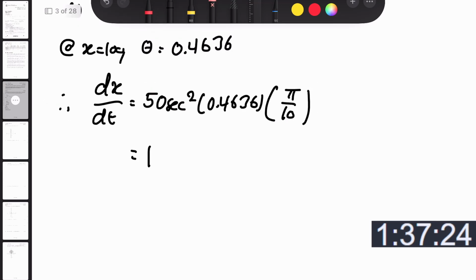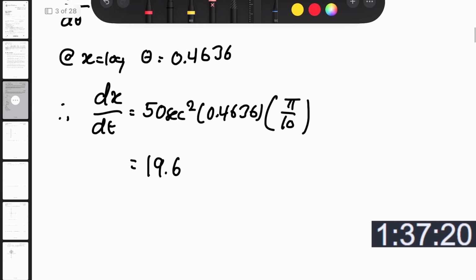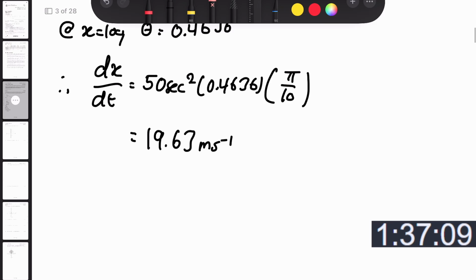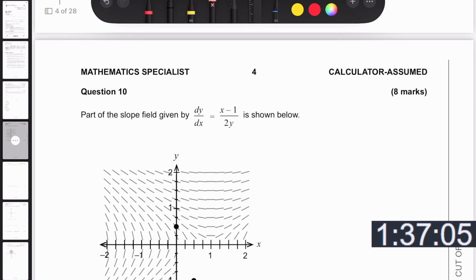Dx dt is 19.63 meters per second. Because secant is 1 on cosine squared. So, yep. Okay, part of the slope field is given like that.